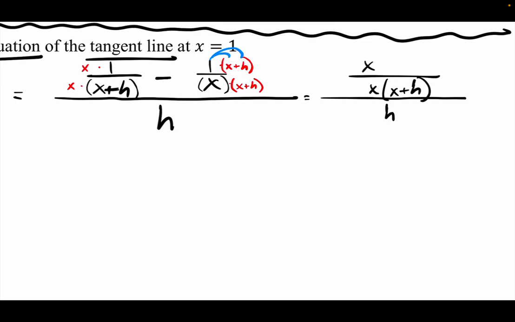When I distribute, what am I distributing? A negative 1, good. Not a positive 1, a negative 1 because of that minus. So it's going to be negative x minus h. What's going to happen to the x's on the numerator? Yeah, they're going to cancel out.